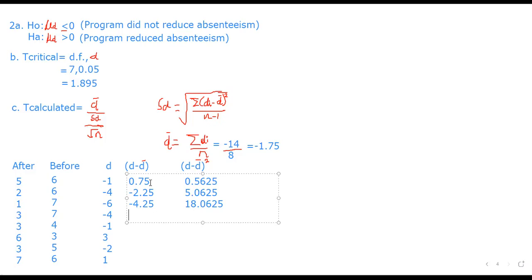Let's move on to the fourth one. It will be the same as the second one. Negative 4, negative 1, 2 will be the first one. So the next one, you have 4.75. When you square it, you get 22.5625.